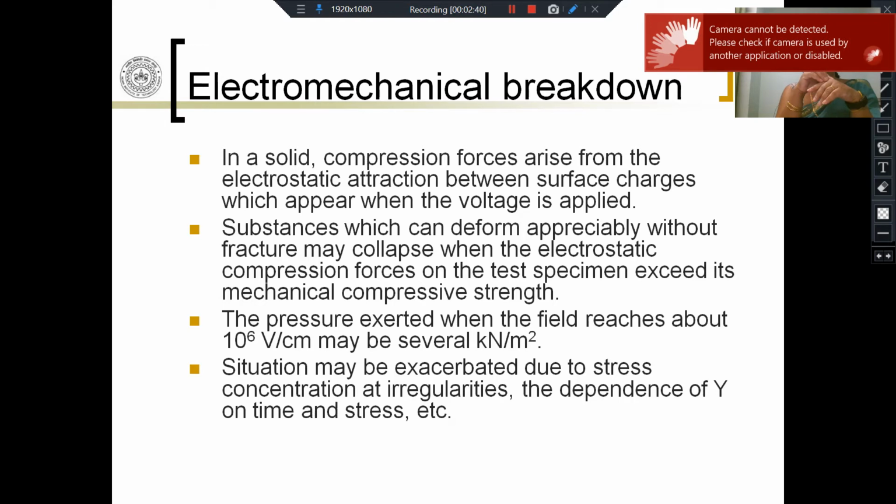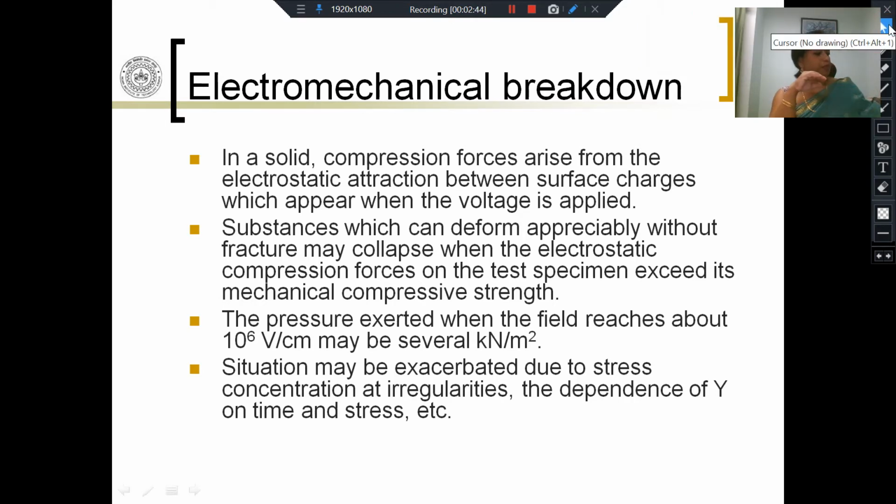Let us imagine I have a solid material and I apply an electric field. So when I apply an electric field across this material, there would be some surface charges here and surface charges here, because I've applied an electric field. The charges are not allowed to move into the dielectric volume because it's a dielectric. So you have positive charges here, you have negative charges here.